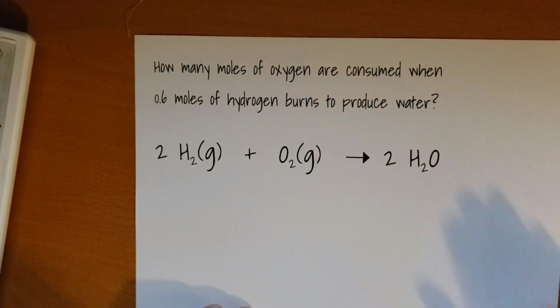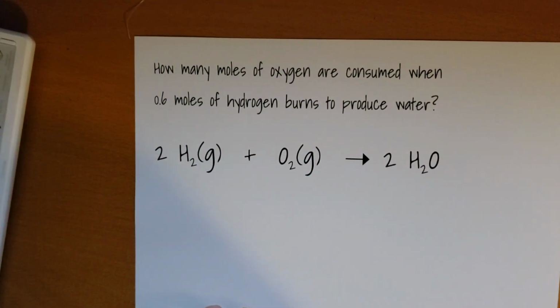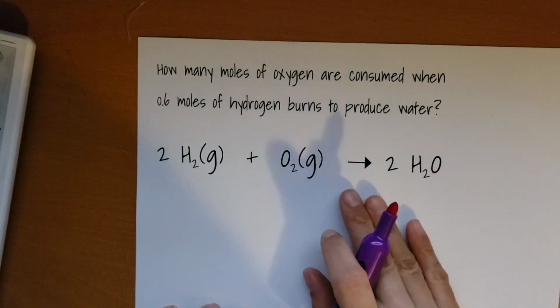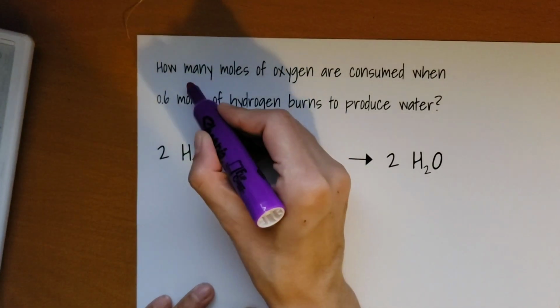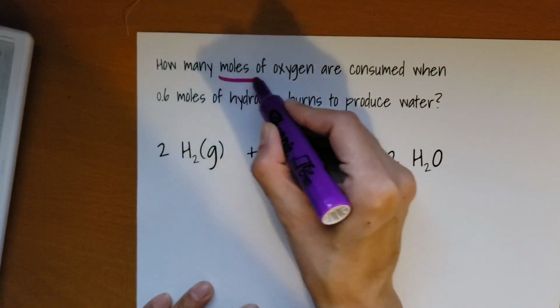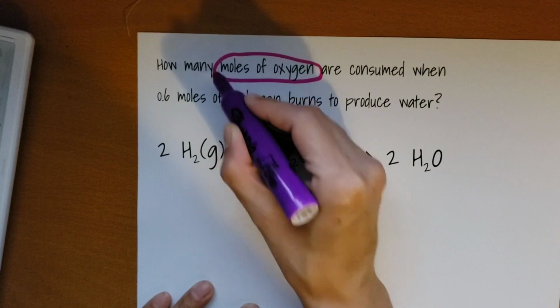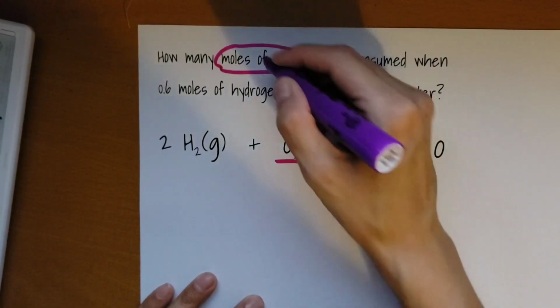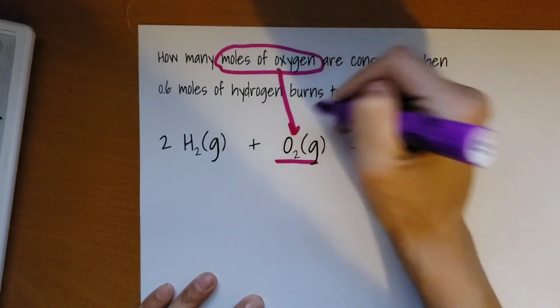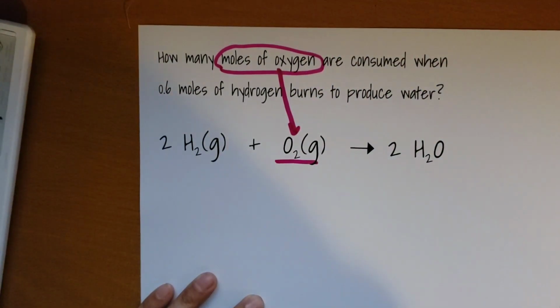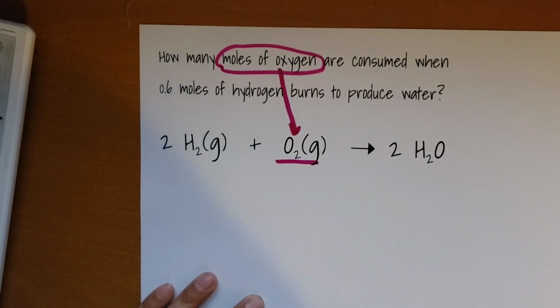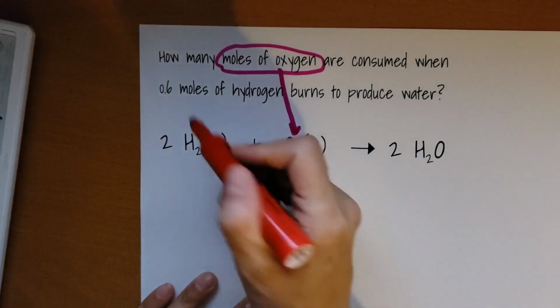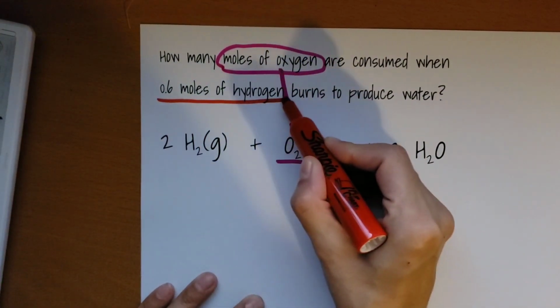Let's try and solve this problem together. This question asks, how many moles of oxygen? So I'm going to circle moles of oxygen. I'm going to find oxygen. Here's oxygen, are consumed when 0.6 moles of hydrogen.